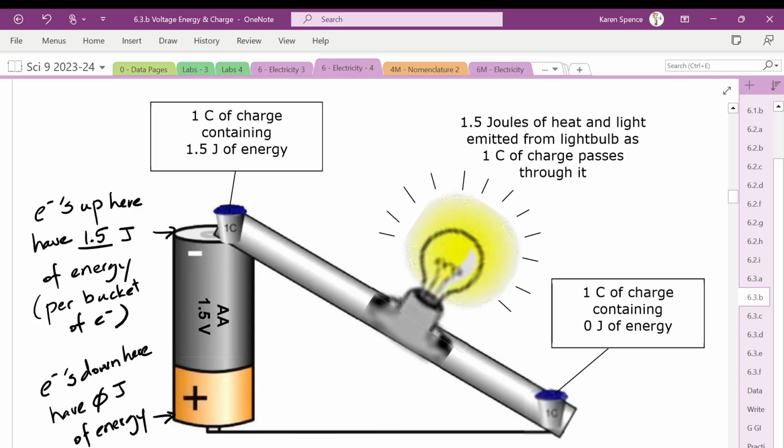Because of course, if you have more buckets of electrons, you will have more energy. So here we go. We're going to follow this little bucket down the wire. It starts with 1.5 joules of energy. It still has 1.5 joules of energy.